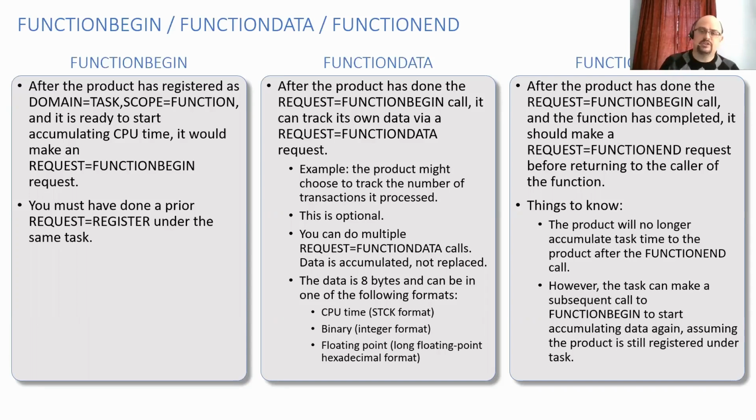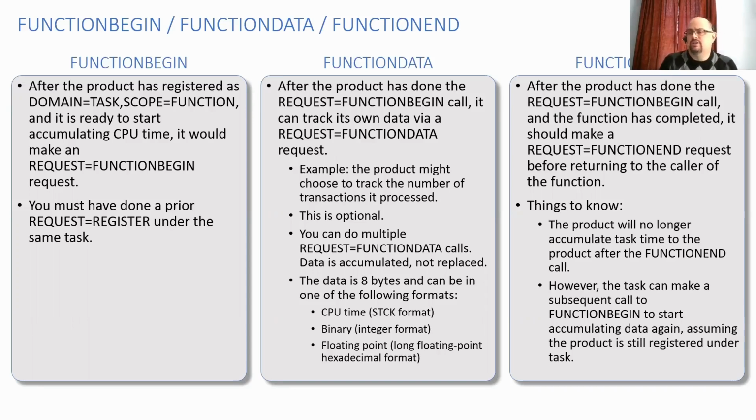The second service is something called function data, request equals function data. Again, it has to be done for a registered product, and this would be done in between or after the function begin call. Not all products are going to use this, but this allows the product to track its own data if it wants to. One example is if the product processes transactions.